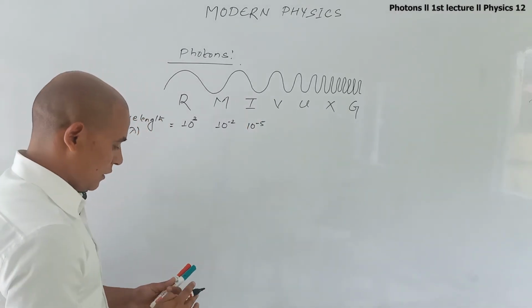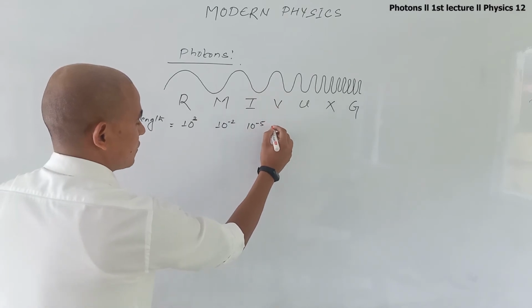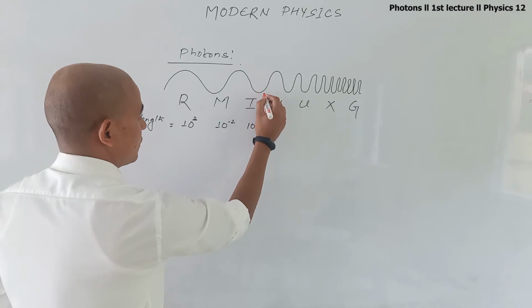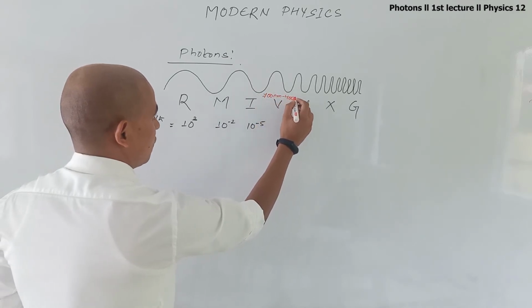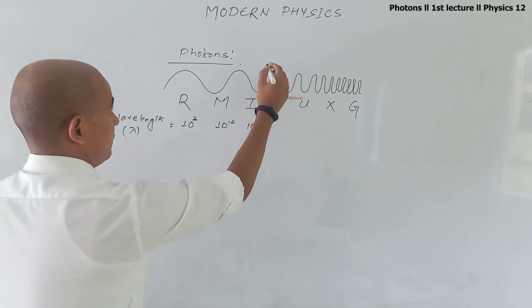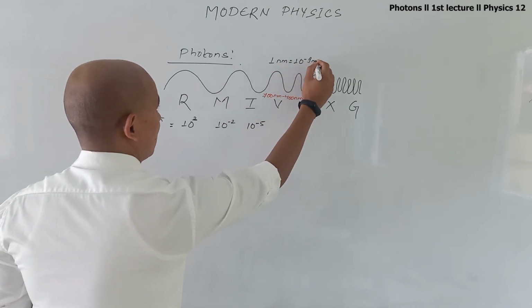Visible ray ranges from around 700 nanometer to around 400 nanometer, where 1 nanometer equals 10 to the power minus 9 meter.